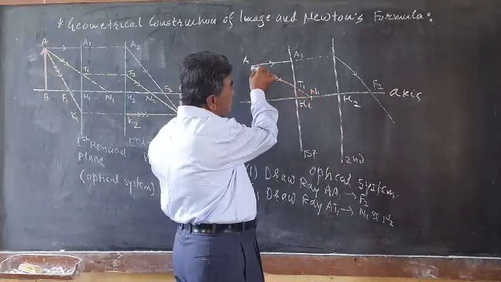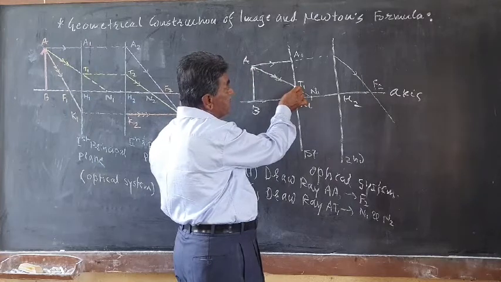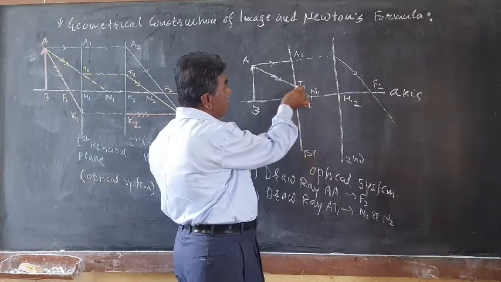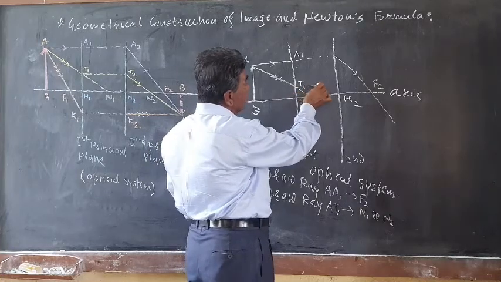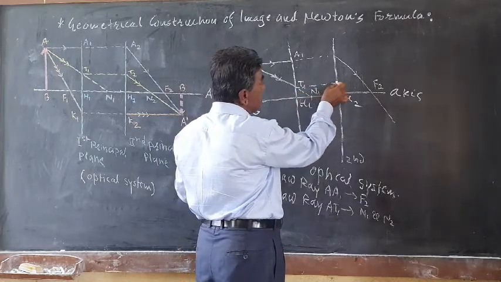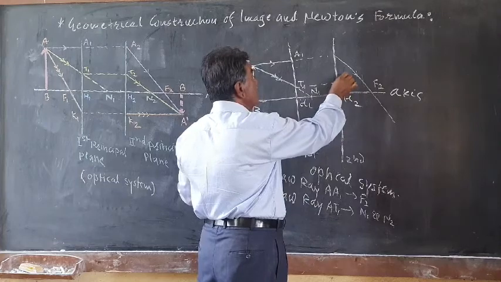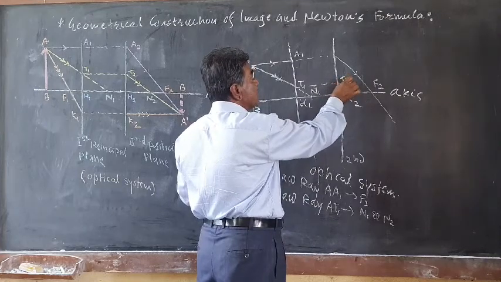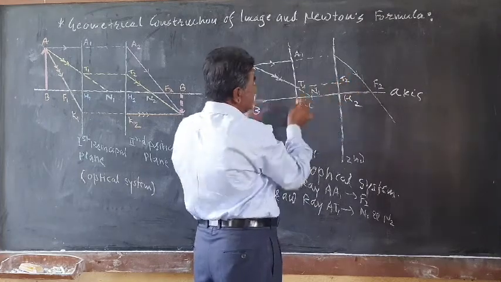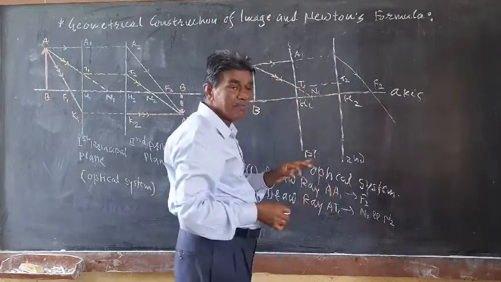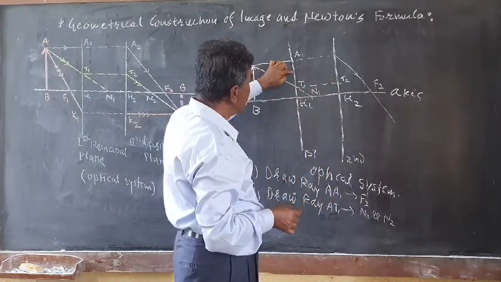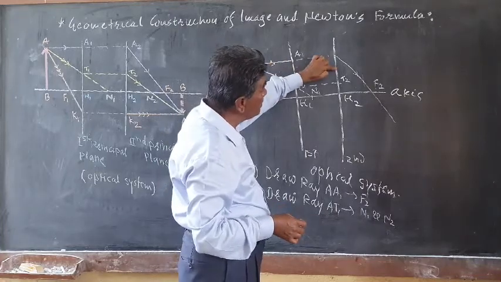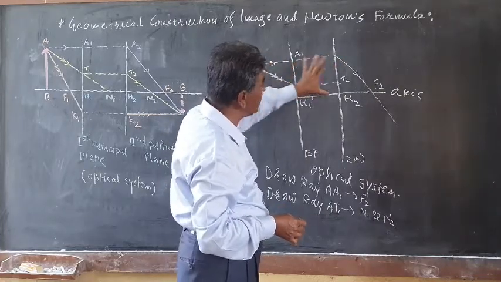As this ray is incident here, it meets the first principal plane at height T1H1. The emergent ray, after refraction, will proceed from T2, suppose this is T2, such that this height and this height are the same, because any ray incident on the first principal plane emerges out from the second principal plane at the same height.